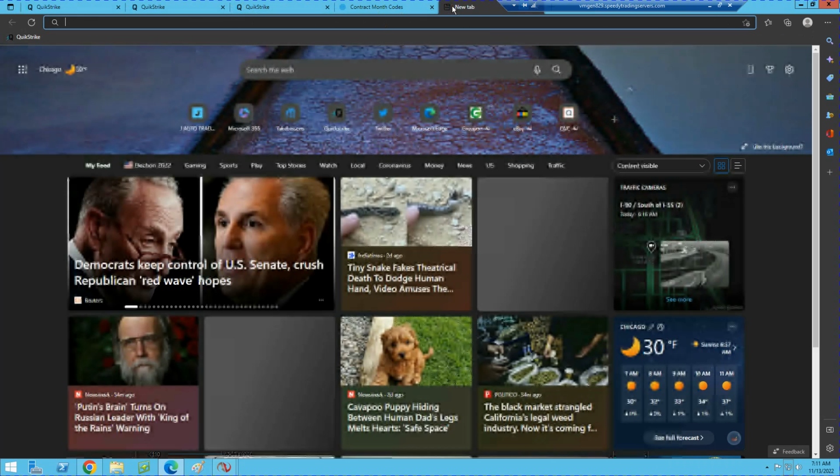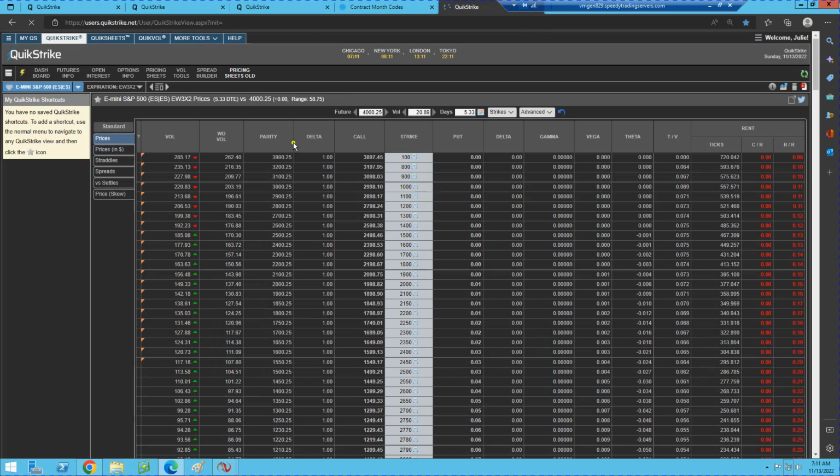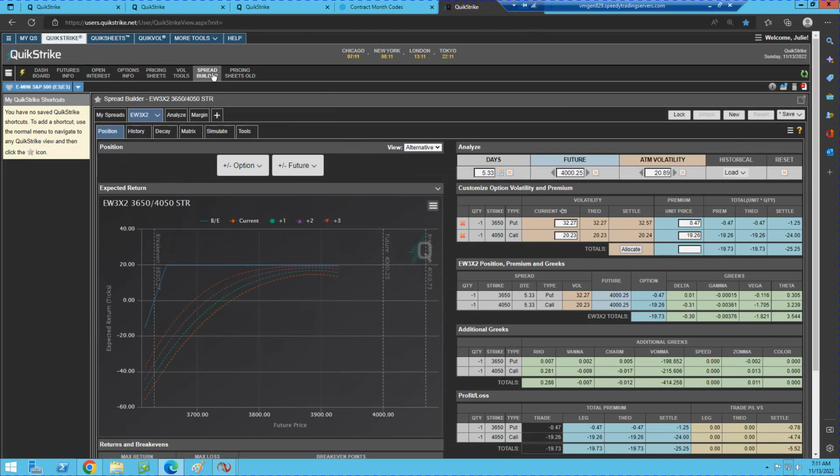So I'll open a new one, go back into my Quickstrike, change this to Spread Builder. Apologize, I'm getting rid of my chest congestion from my flu, but I feel so much better, more like a human. And no more brain fog either.